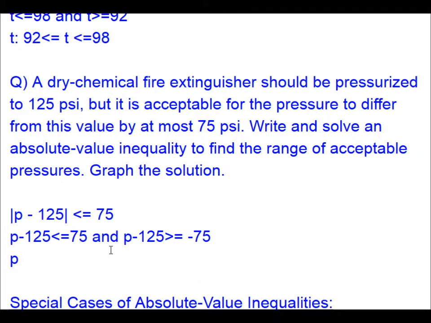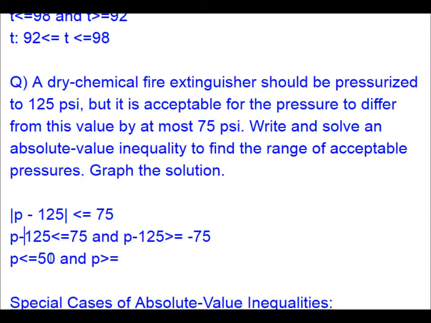Again we will solve this problem. P is less than or equal to 125 plus 75, which is 200, and P is greater than or equal to 125 minus 75. Here this is minus 125, so we have to add 125 to the 75, because this minus goes on the other side of the inequality and becomes plus.